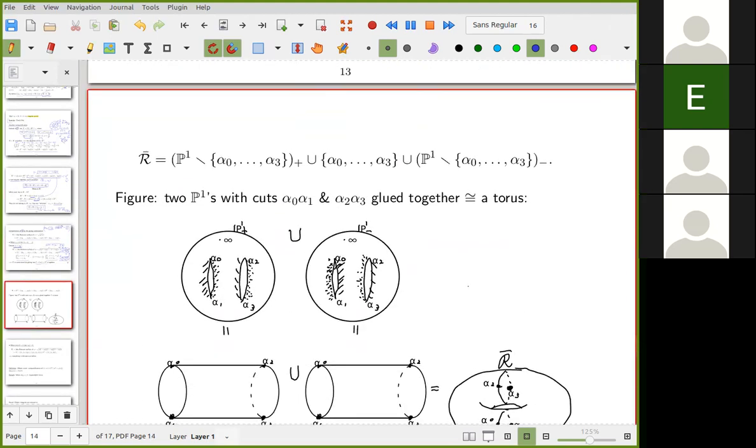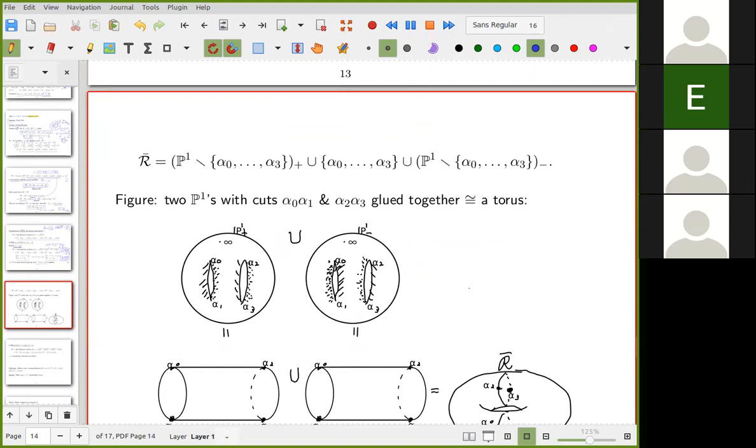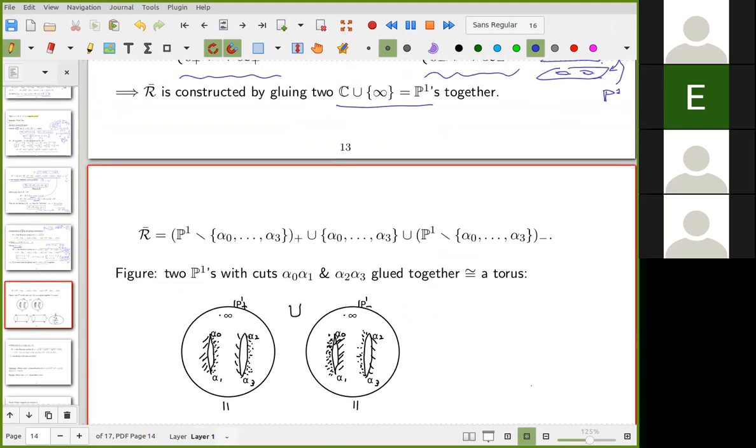And what we obtain is the union of two P1s with punctures at those roots of psi.